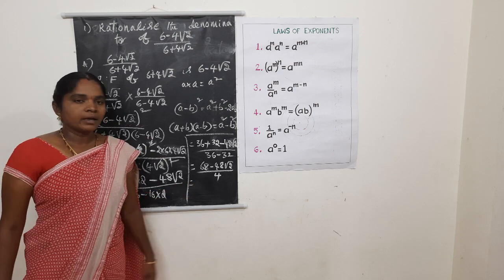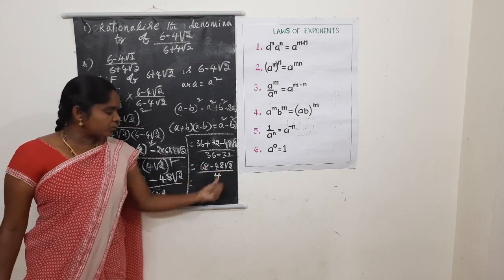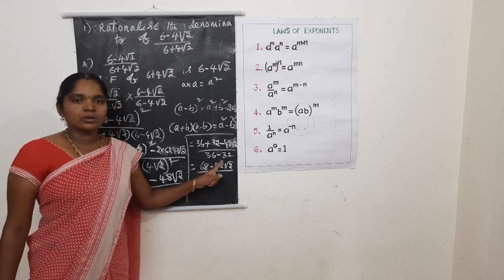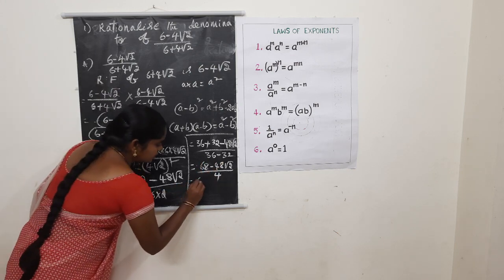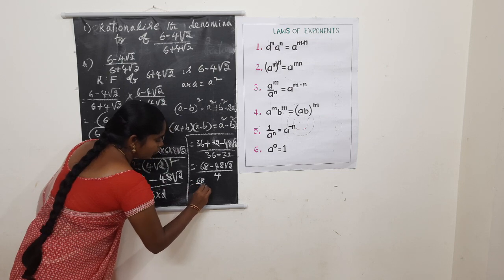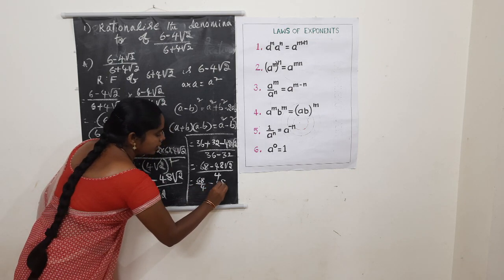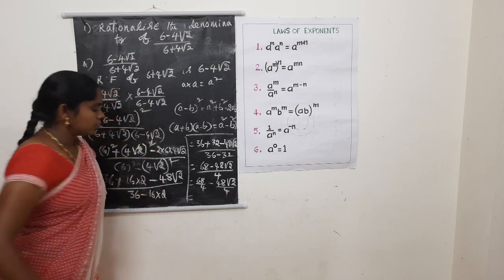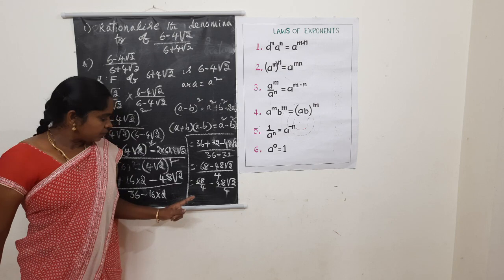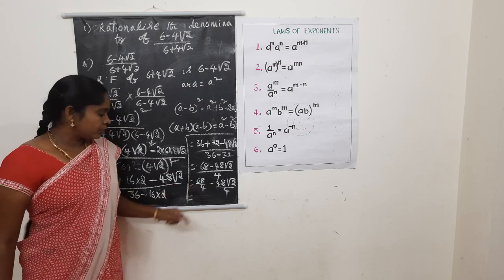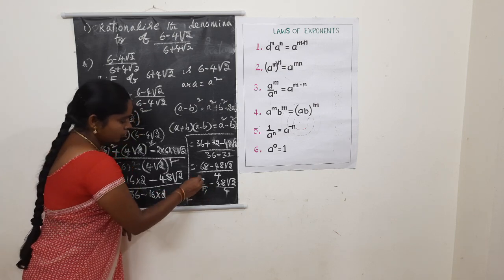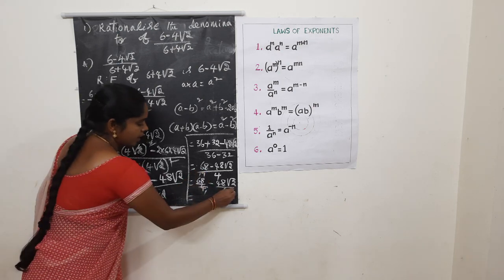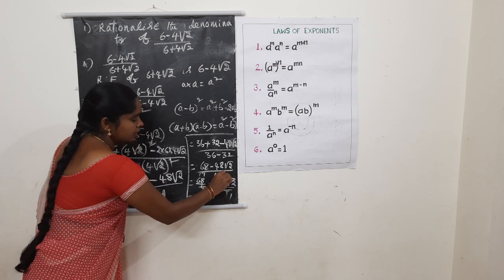This denominator, so 68 minus 48 root 2 by 4. This denominator belongs to both. So 68 by 4 minus 48 root 2 by 4. So we can cancel these with the four table: 4 ones are 4, 4 sevens are 28, and 4 twos are 8.